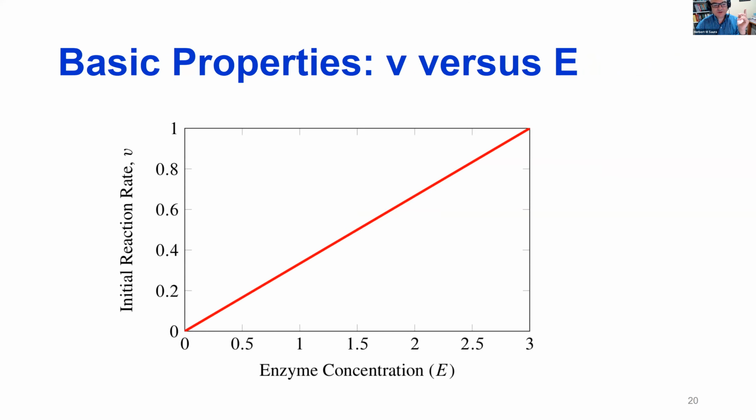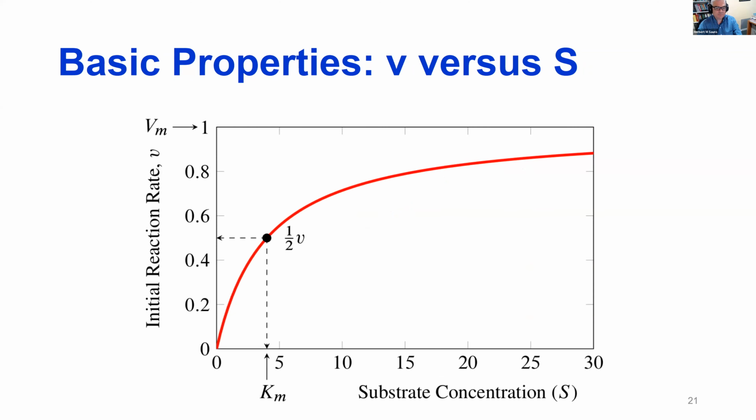What kind of behavior does it show? If I plot the reaction rate versus the enzyme concentration at fixed substrate, I get a straight line. That means if you double the enzyme concentration, the reaction rate will double. The second thing is if I plot the reaction rate versus the substrate concentration, I get this classic hyperbolic curve, which you're probably familiar with.